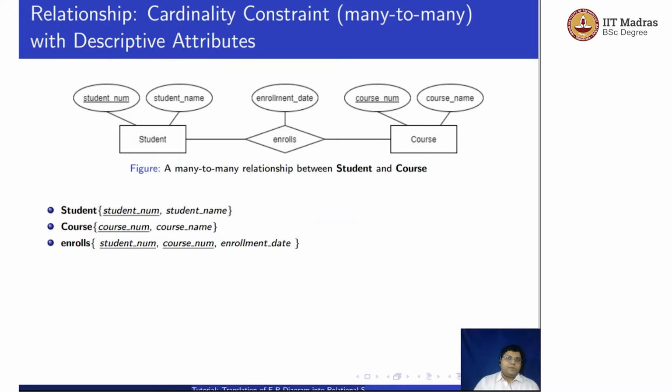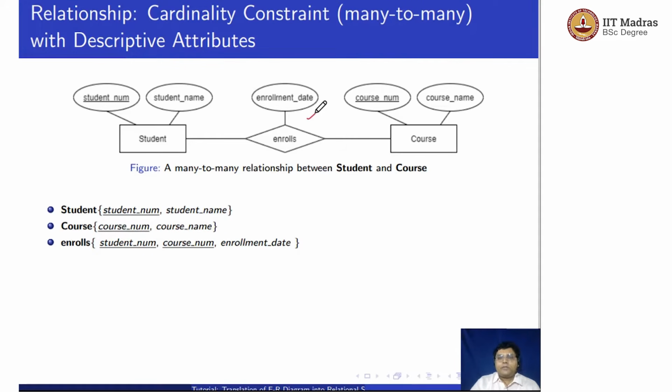Now what if the relationship has an attribute? This is called a descriptive attribute. It specifies the enrollment date, when a student got enrolled for a particular course. Now, when converted into a table, this descriptive attribute becomes an attribute inside the table that's enrolls.